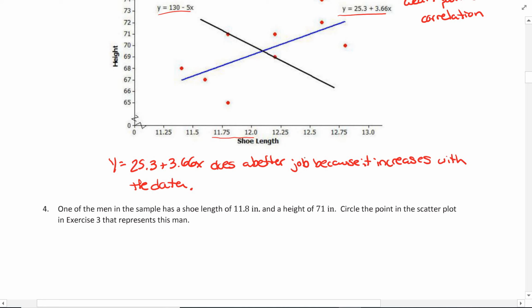But I need a height of 71, which is all the way up here. Well, the only point that is even close to being there is right here. So again, that is a coordinate of 11.8 and 71, because this is x, this is y. That means I'm looking for the coordinate 11.8, 71.